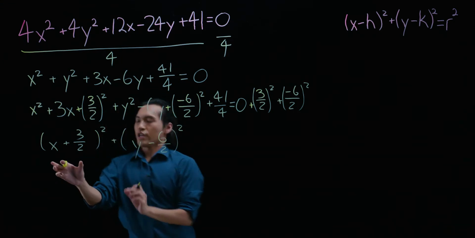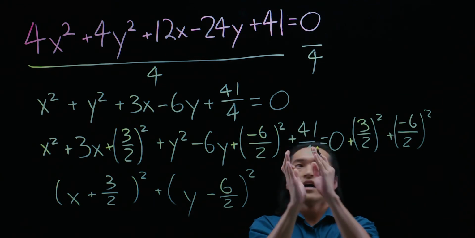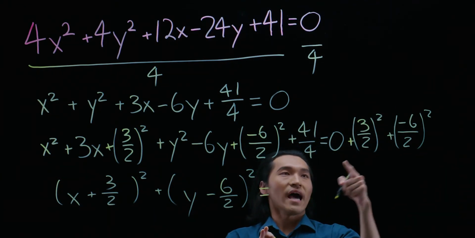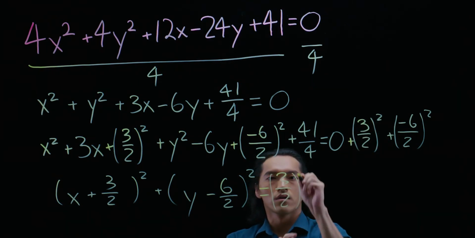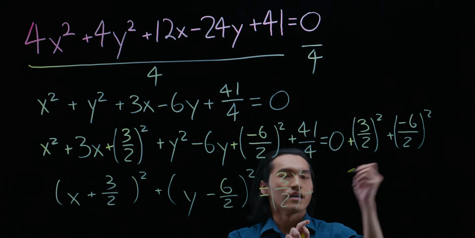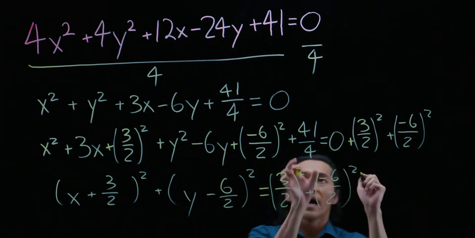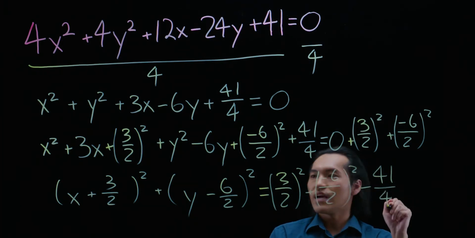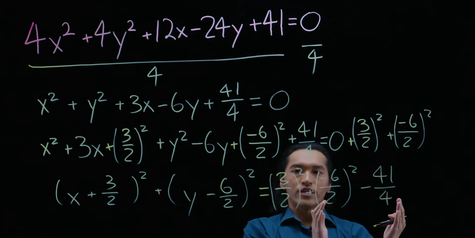And we can always double check our work. Then for this, we can remove it now and move it to the other side as well. So now we're going to have this plus this minus this. So now we've moved everything that's not the perfect squares to this side of the equation.